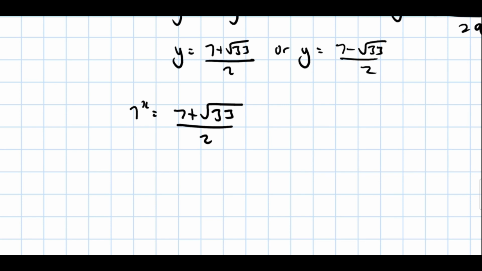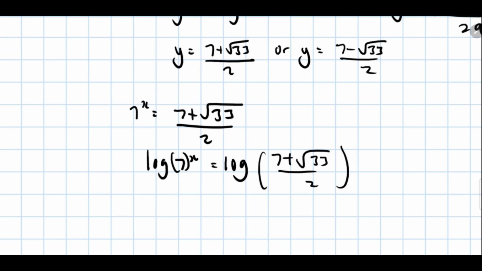You will be placing log base 10. Technically you'll just write log, since for your syllabus we already define log as base 10. So log of 7 to the power of x is equal to log of (7 plus square root of 33) over 2.